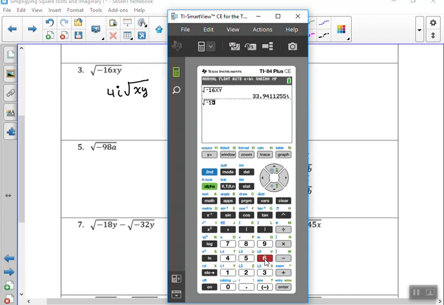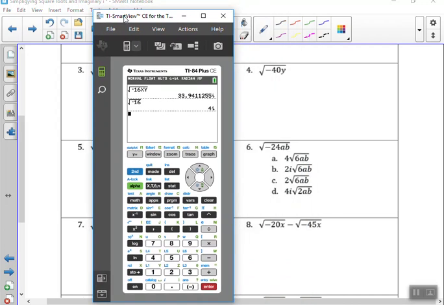So negative 16. That's it. Hit enter. I get 4i, and then just rewrite square root of xy. There'll be later where we have to plug stuff in for x and y, and I'll show you that. But for now, since there's really nothing to put in here, I'm just going to put in the number part. Okay?